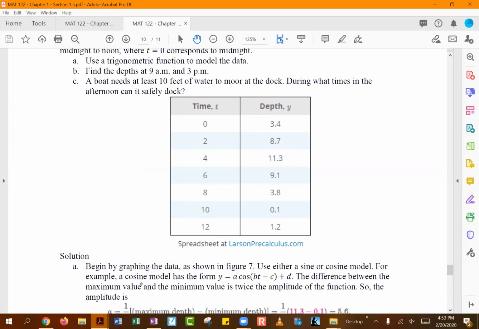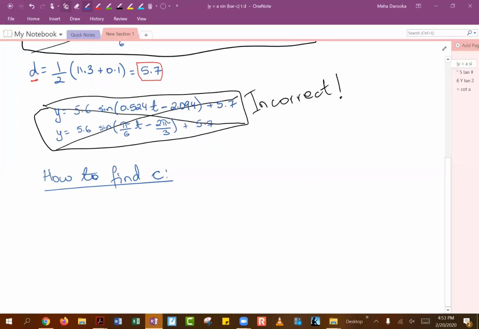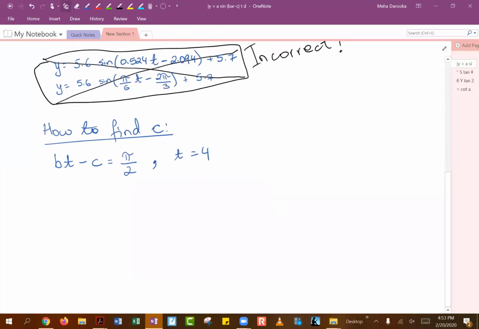So we know t has to be 4. So when we are calculating our C value, we have to take into consideration the B of t minus C. Now again, like I said, the sine function will have its maximum value happening at pi halves. And in this case, we know for our example, the maximum value happens when time equals 4 a.m. So that means t equals 4.